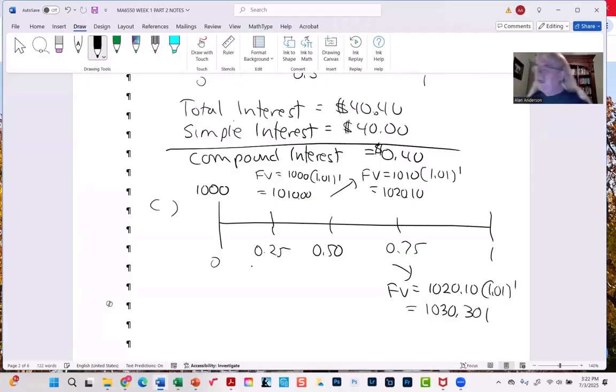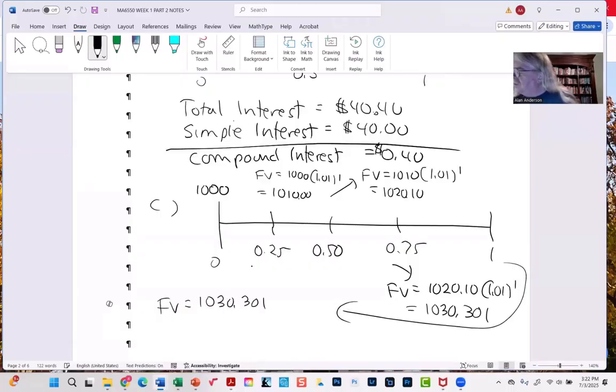So then at the end of the year, we'll have 1030.301 times 1.01 to the first power. And that's going to bring us to 1,040.604, but okay. Again, the bank would round it to 1040.60.